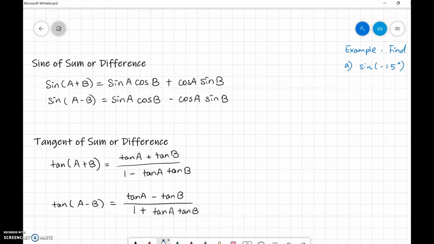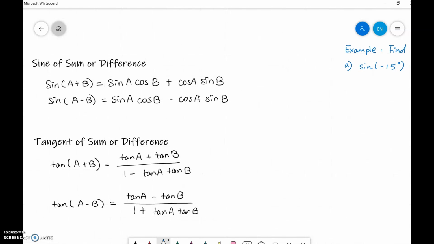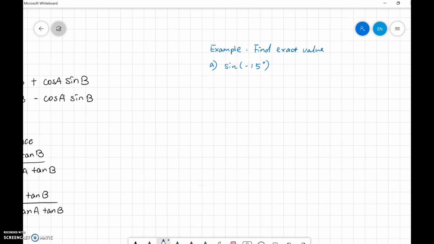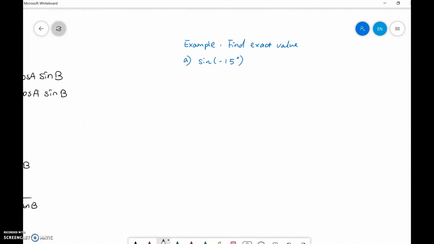Okay, so in this video we have about 4 examples to show you how to use those formulas. The first example: we want to find the exact value for sine of negative 15 degrees.